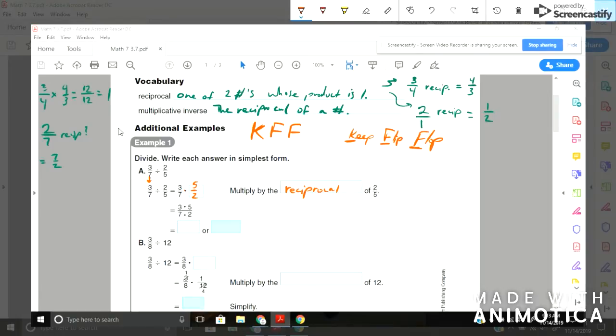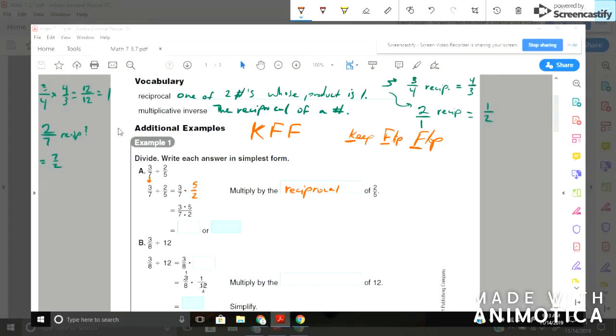So you might be saying, when you're dividing fractions, you actually just multiply them? Yeah, you multiply by the reciprocal. There's actually no real division involved, which is kind of nice, because like we saw last section, multiplying fractions isn't all that hard.